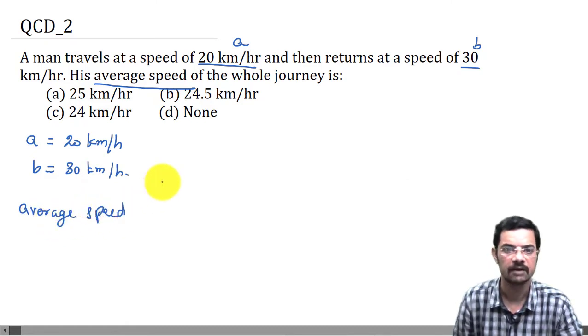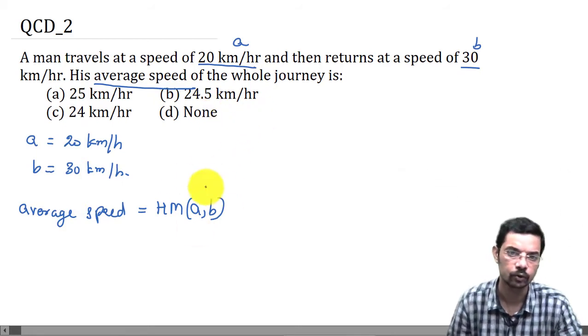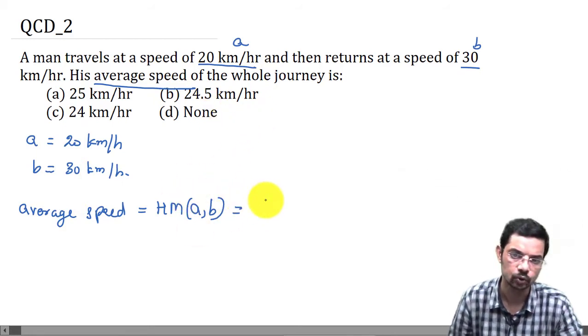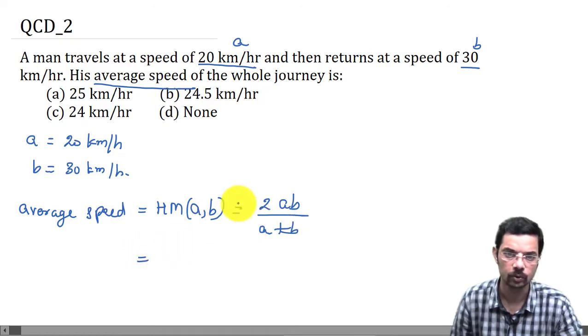Average speed is equal to the harmonic mean of A and B. The harmonic mean of two observations is given by 2AB divided by A plus B. So we have 2 into 20 into 30 divided by 20 plus 30.